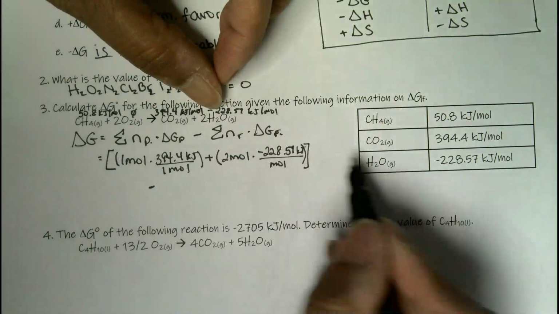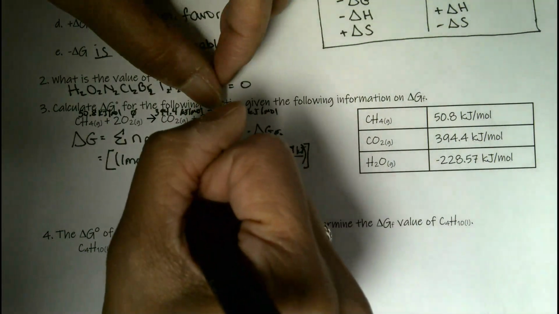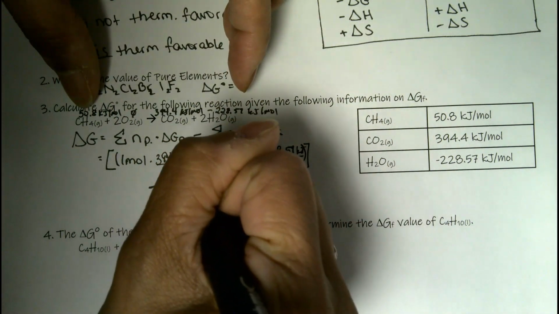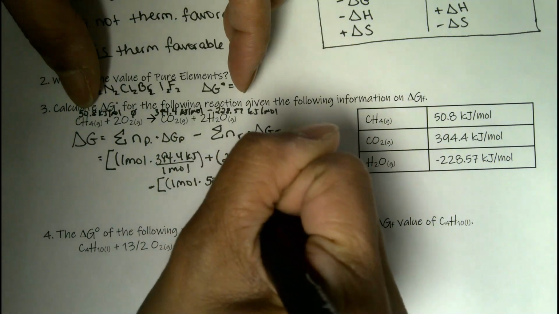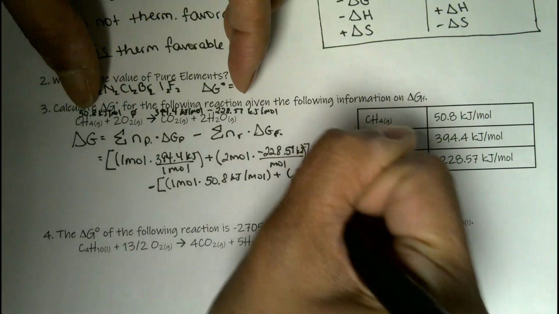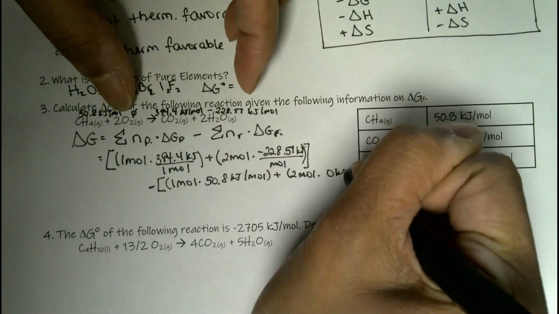We'll do it over here, but notice that if I had space, I would continue off to the right. So minus the reactants, which is 1 mole of CH4 times 50.8 kilojoules per mole plus 2 moles of oxygen times 0 kilojoules per mole.